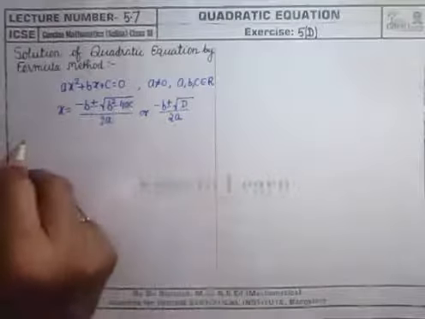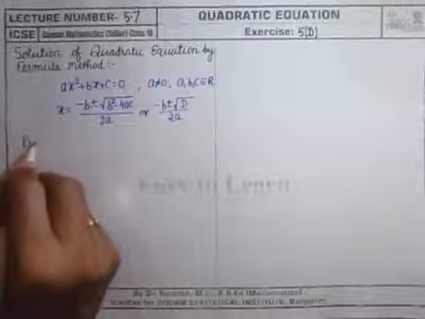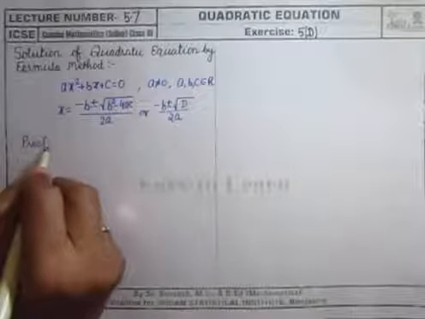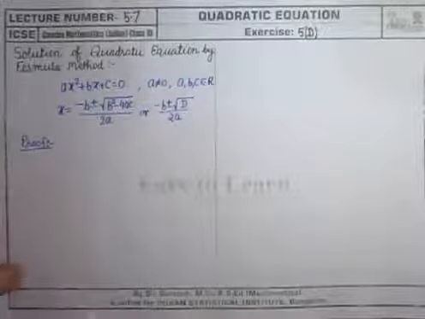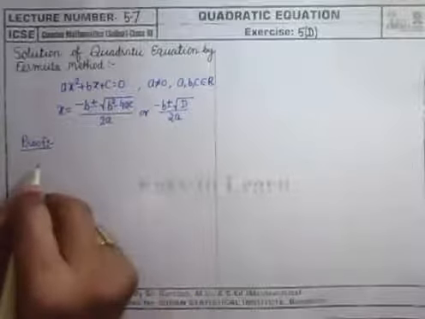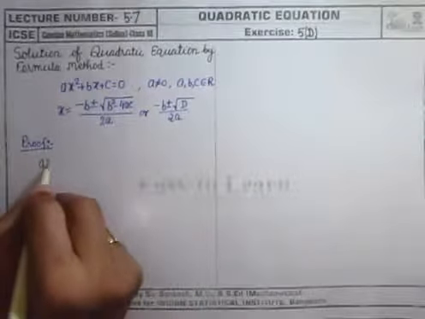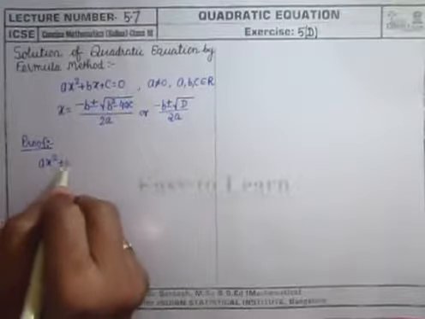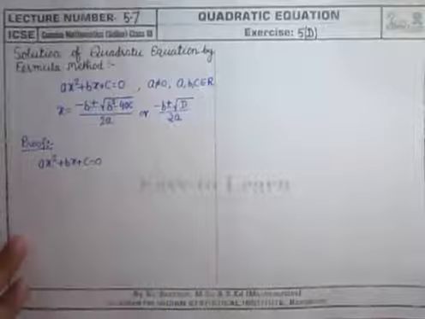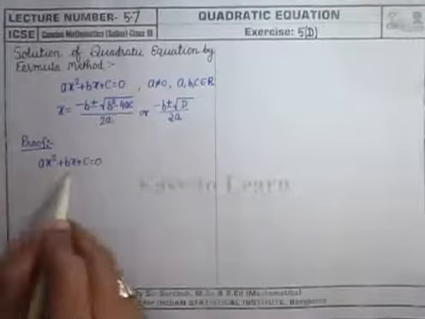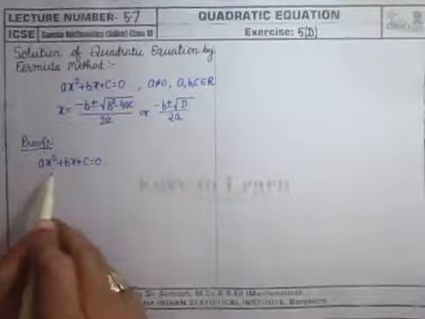Now the proof. So let us prove this formula. This formula is called Sridharacharya formula. Now ax square plus bx plus c equal to 0. Now we have to convert this into a perfect square.